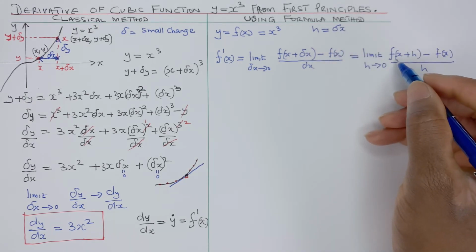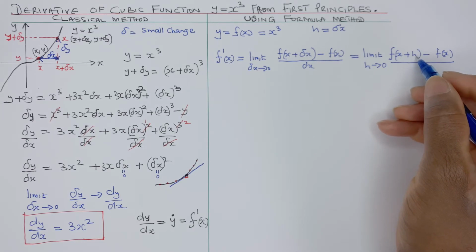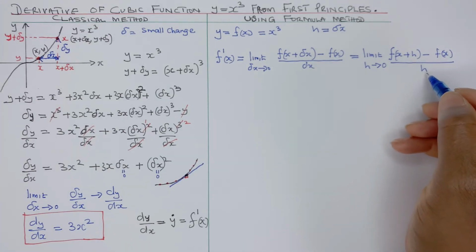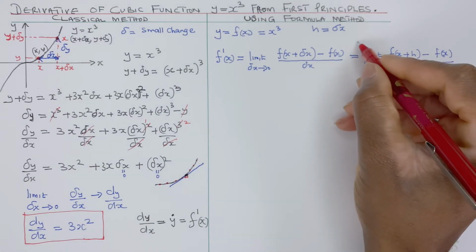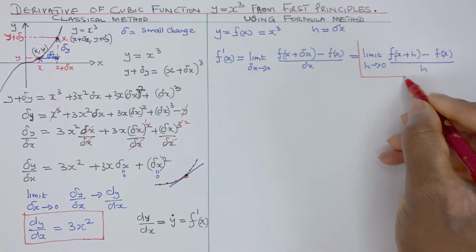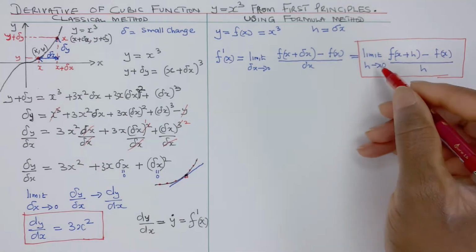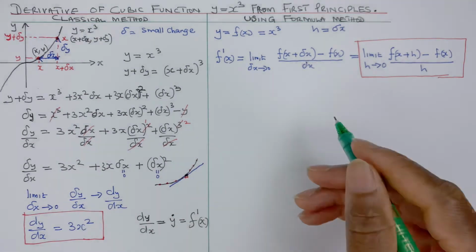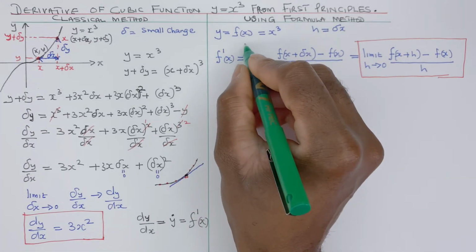So instead of having the x, you just have h here. So you may use that formula here instead of the one next to it. You'll see that in textbooks, or you might see this one in textbooks.